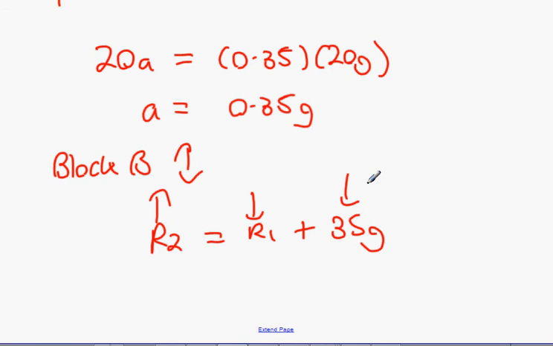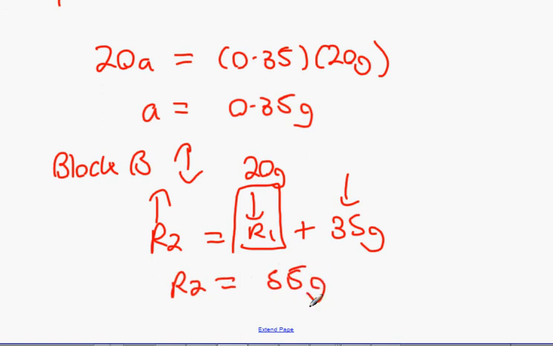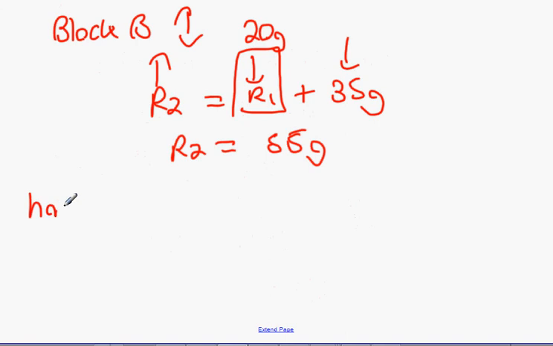You don't have to count in A's weight because A's weight is already accounted for in R1. Now, we already know that R1 is 20G. R2 therefore is 55G.